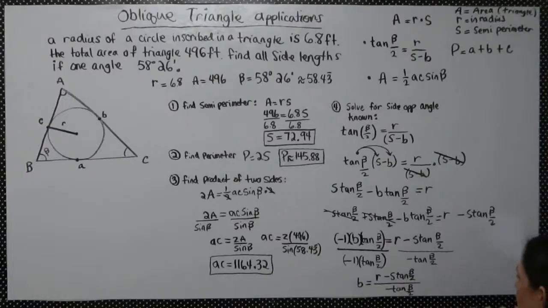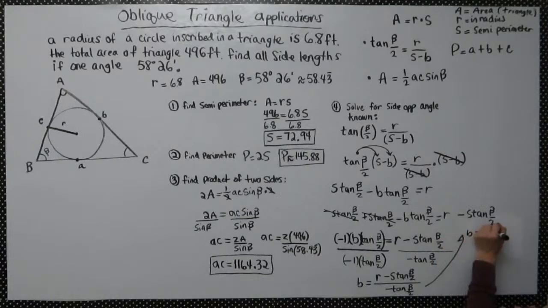So we got B equals, let's move it up here a little bit. We got little b equals R, which was 6.8 minus S. What was S?